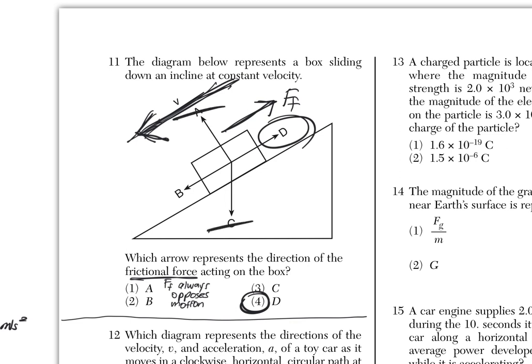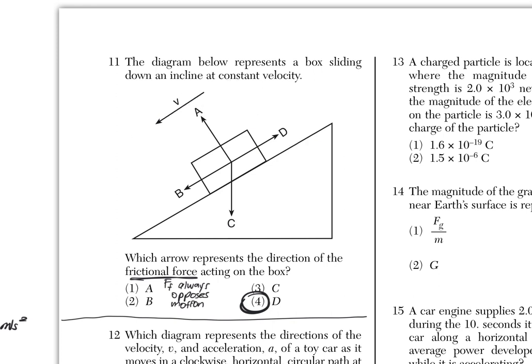C is the weight. As a matter of fact, let's take a look at what these things represent. C would be the weight going straight down. A is the normal force. Normal force is always perpendicular, and that usually equals the weight when we're not on a ramp. When we are on a ramp, it's equal to weight cosine theta. We call that F perpendicular.